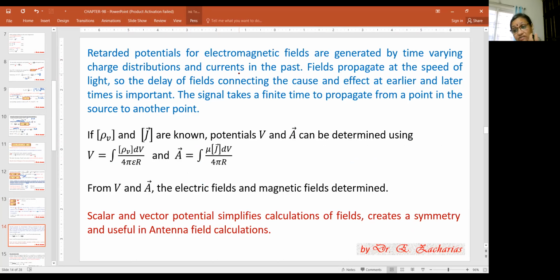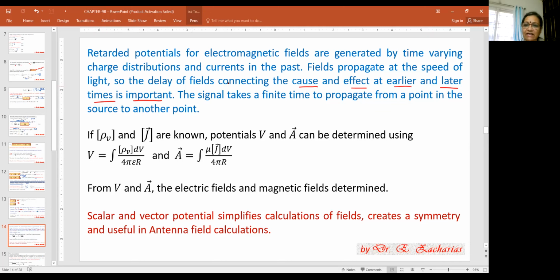So you have to consider that small time difference also, because things are changing quickly. The fields propagate at the speed of light, so the delay of fields connecting the cause and the effect at earlier and later time is important. That's the big difference.